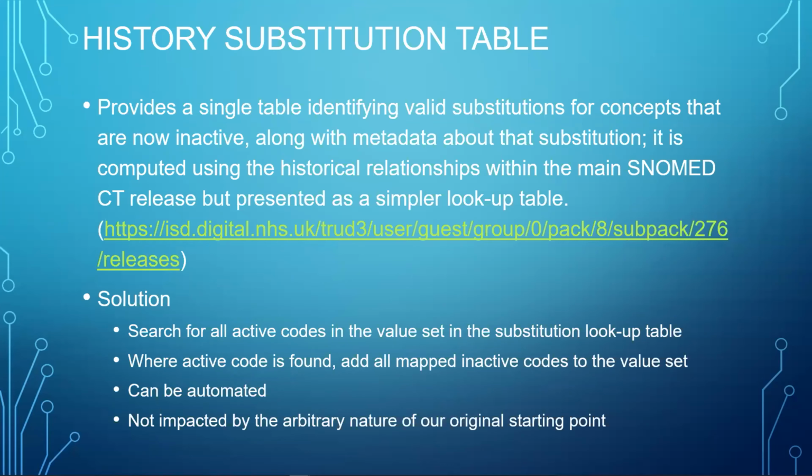And it was funny that I was looking at some work that NHS Digital had done around allergy intolerance, and it looked to me that they were not picking up inactivated allergy intolerance codes.